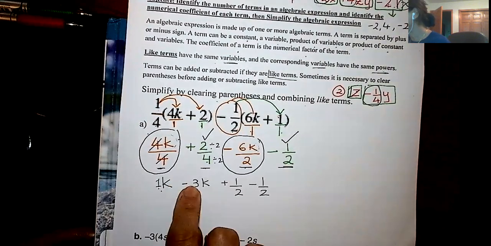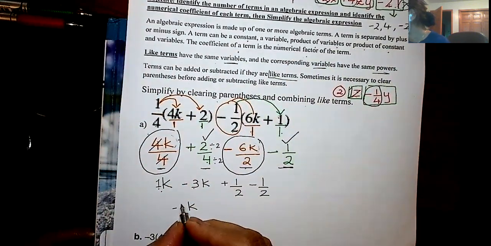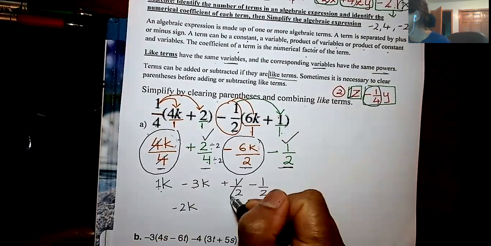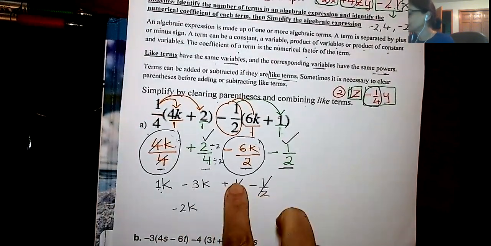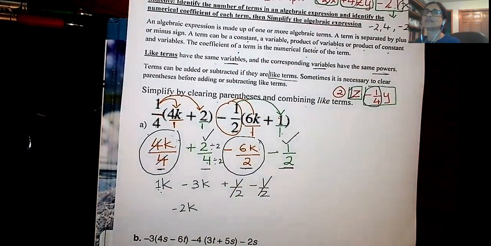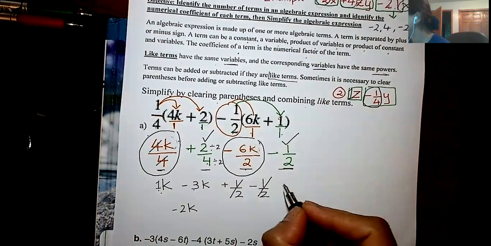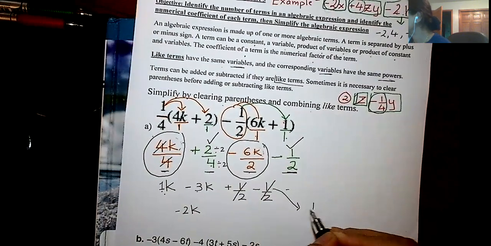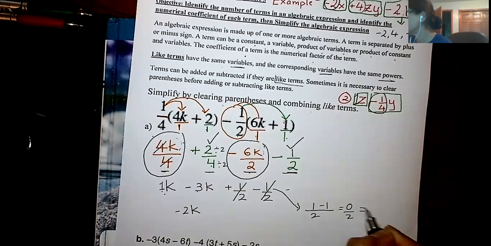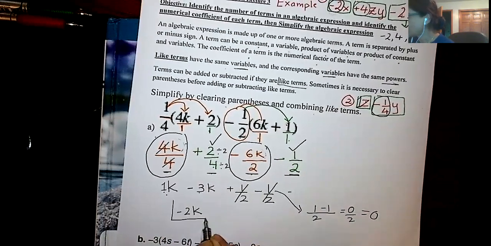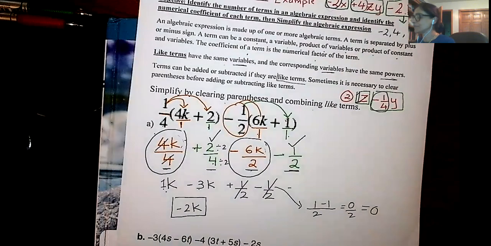So 1 minus 3 gives me -2k. Positive 1/2 minus 1/2, with like denominators, 1 minus 1 is 0/2, which is 0. So the final answer is just -2k.